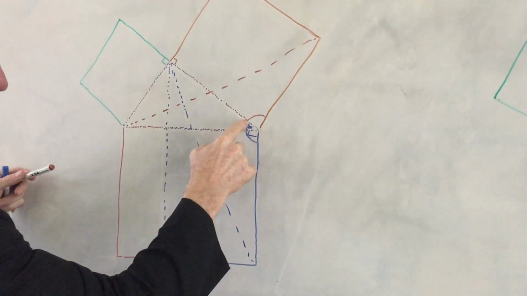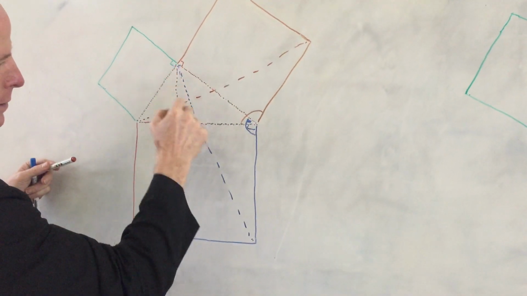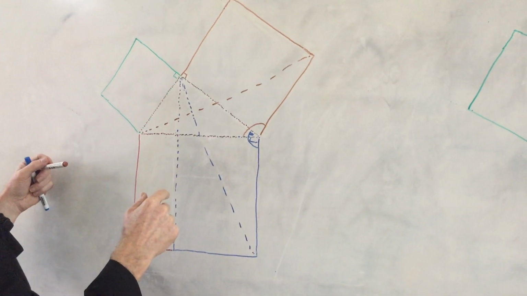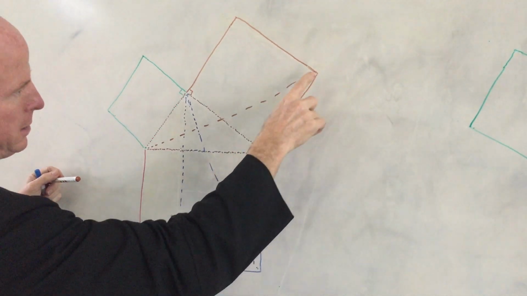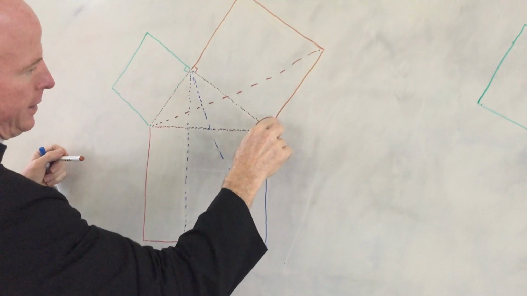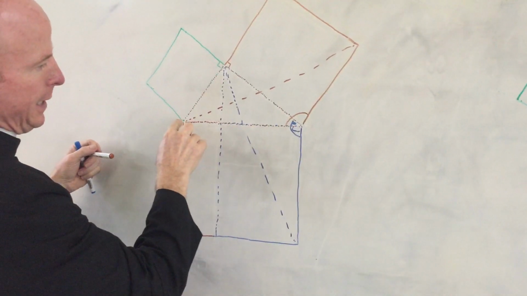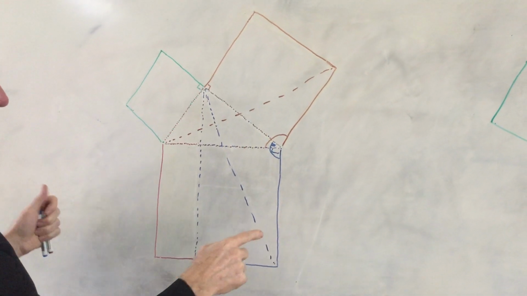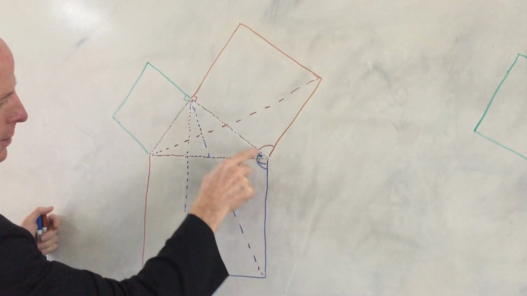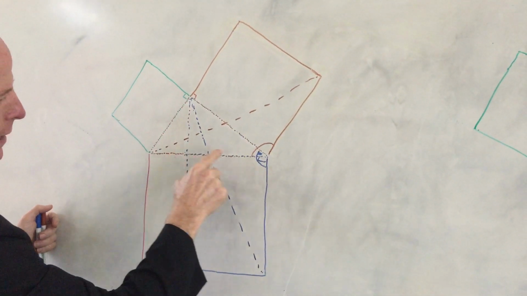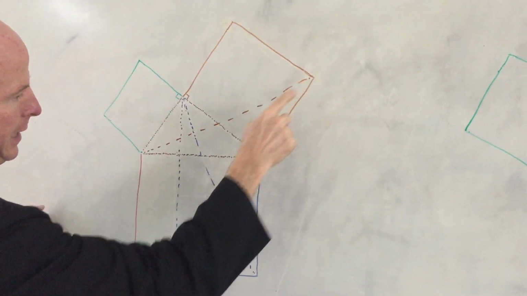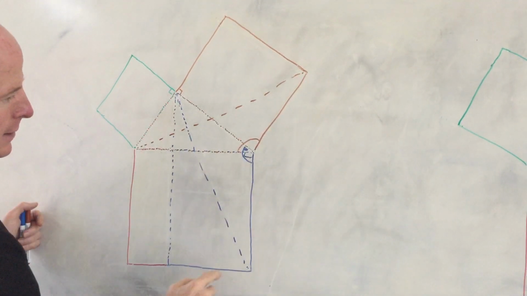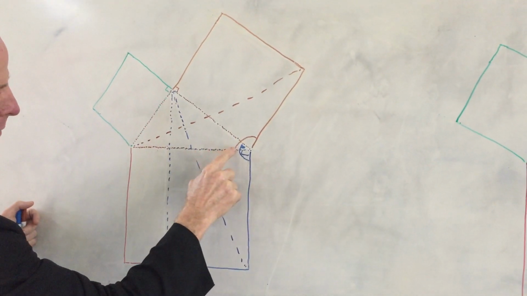So now look at this triangle. Side, angle, side, with this being equal to this, and side, angle, side, with this being equal to this. Okay? So let's do it this way here. We'll go side, angle, side, to side, angle, side. This being equal to this, and this being equal to this.